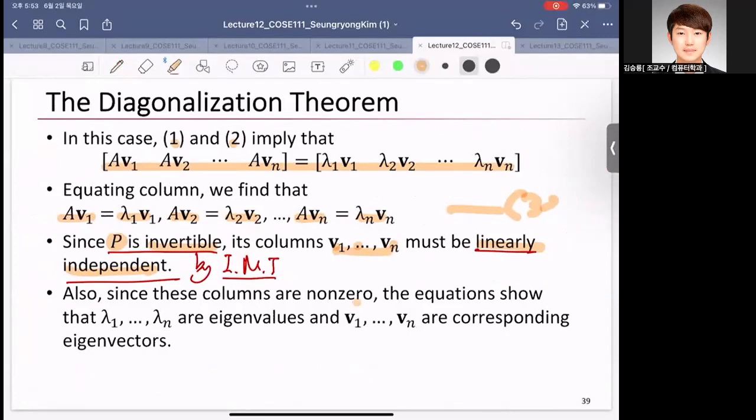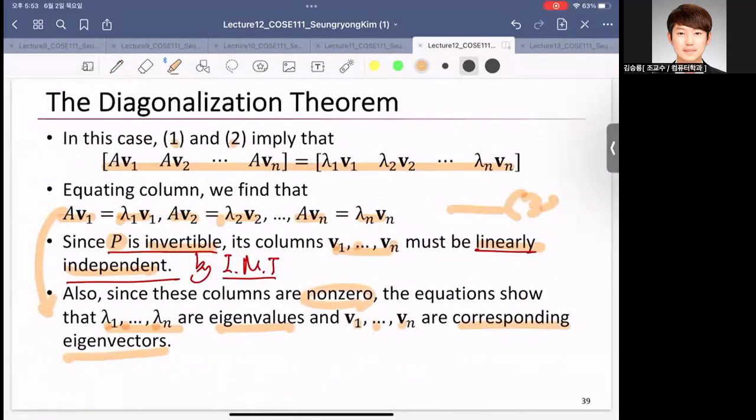Since these columns are nonzero, equation 3 shows that lambda 1, lambda 2, lambda n are eigenvalues and v1, v2, vn are the corresponding eigenvectors.